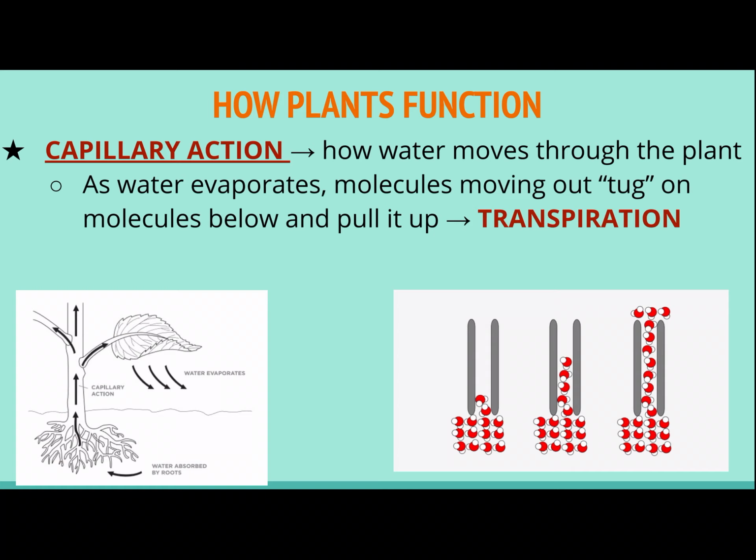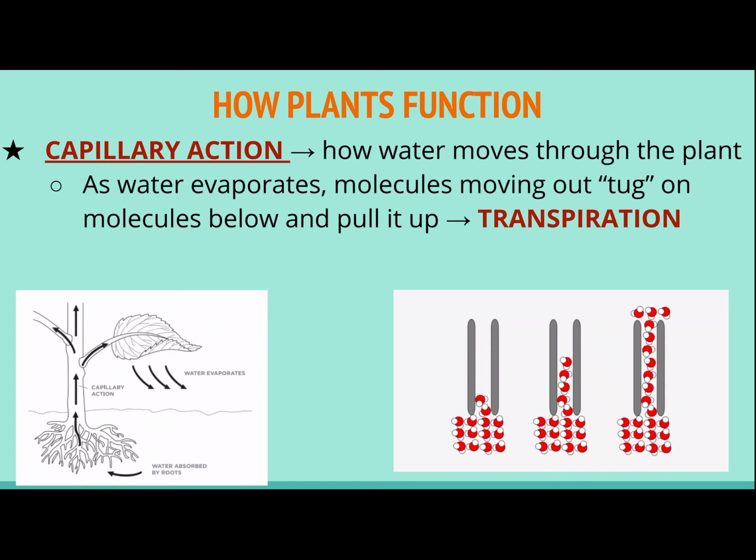And you can see in that diagram there on the lower right-hand side of the slide, it shows you the water molecules and how it pulls itself up through skinny things. This is how water moves through straws, how you can have a plastic straw in a glass of water, and then the next thing you know, you have a puddle of water next to the glass of water because the water comes up through the straw.